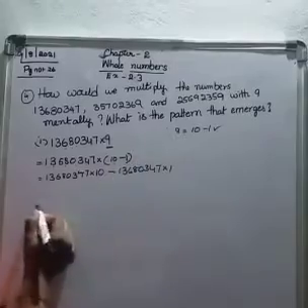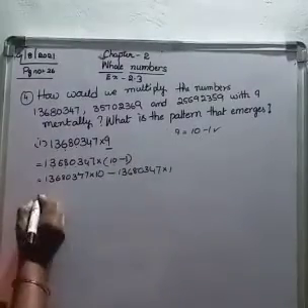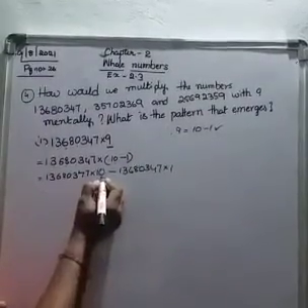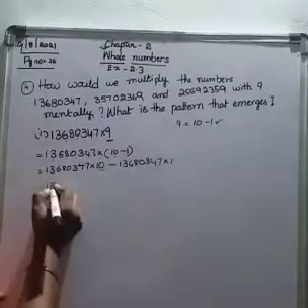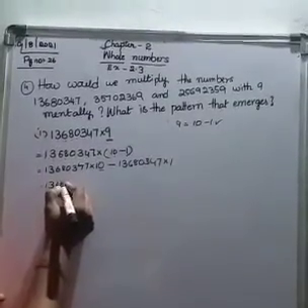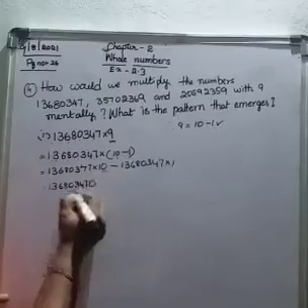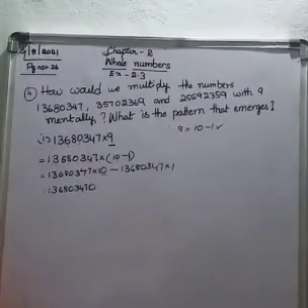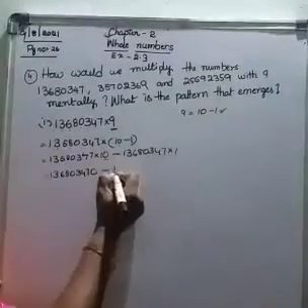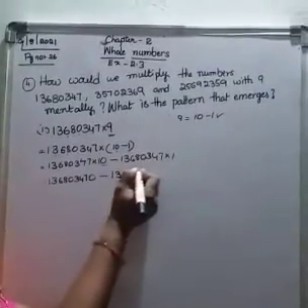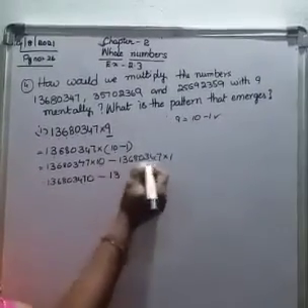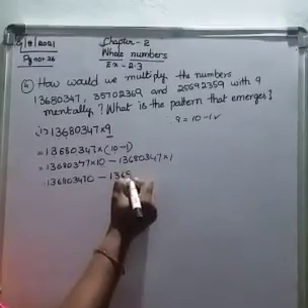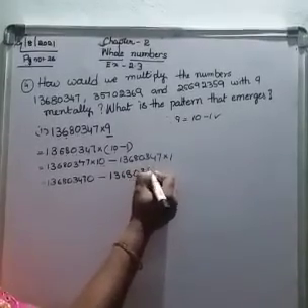When we multiply by 10, we just add one more 0. 13 crore 647 into 10 equals that with a 0. Any number into 1 is the same number only, 347.